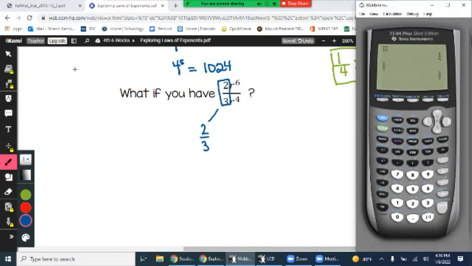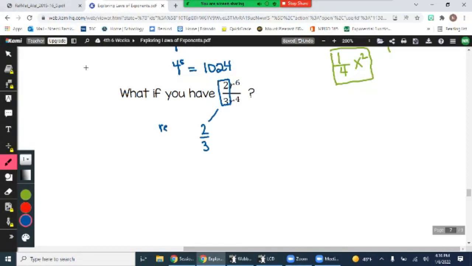So remember, you're going to simplify these if possible. So I'm going to write reduce if possible. They won't always reduce, they won't always simplify, but you must try to reduce if possible.